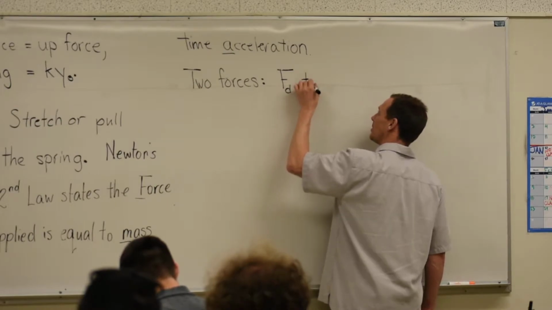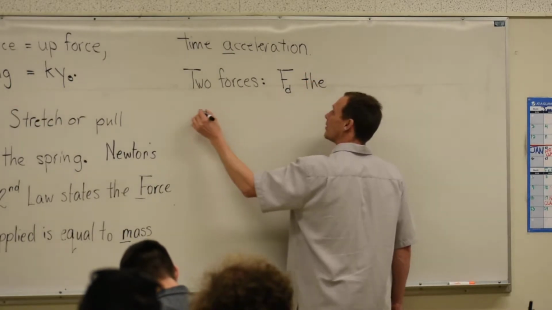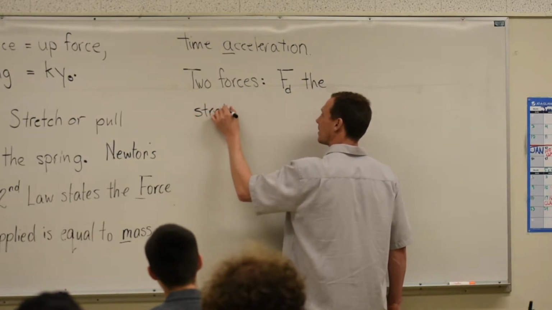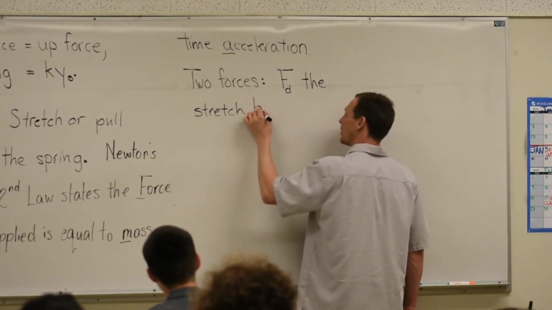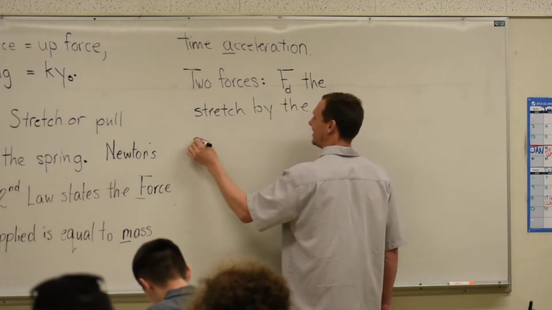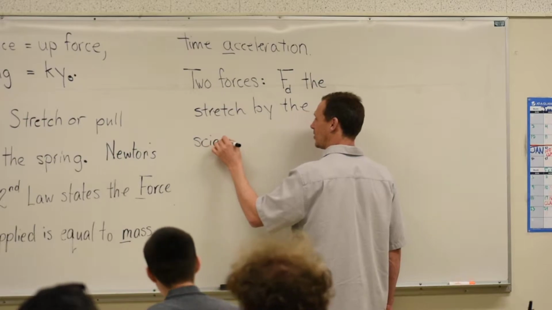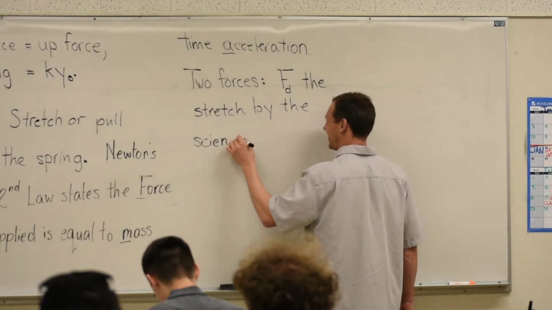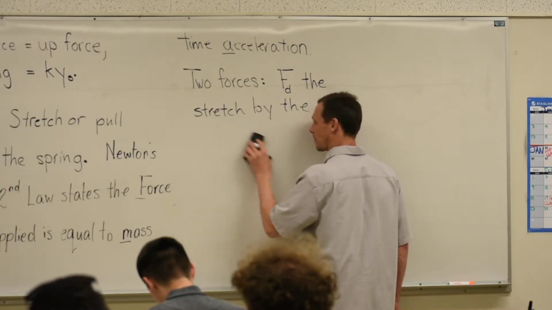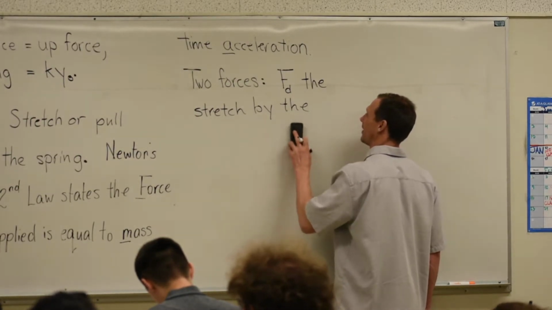This is the kid pulling on the string, or the stretch of the spring. The stretch. How about by the kid? Or the scientist? Mathematician, the physicist. I don't really know, but it's just the stretch by the person. It's just the stretch. How about that?